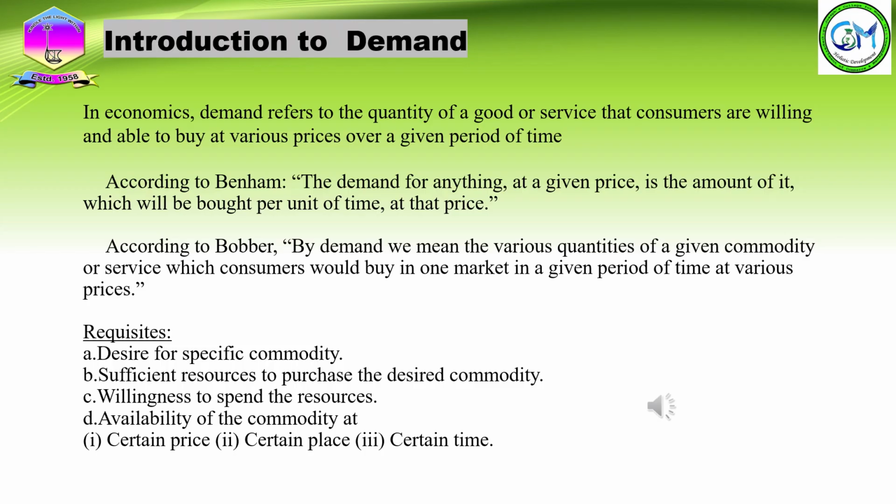Sometimes people's desires become demands when they have the ability to acquire those things and satisfy their desires and wants. In economics, demand refers to the quantity of a good or service that consumers are willing and able to buy at various prices in a given period of time. So demand is different from want.